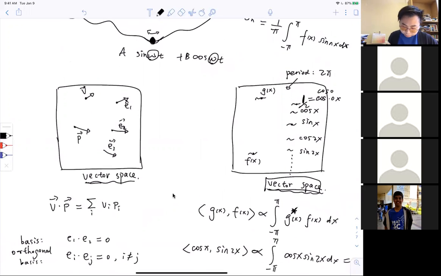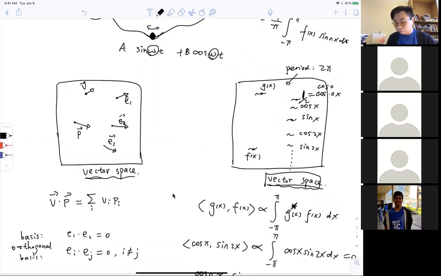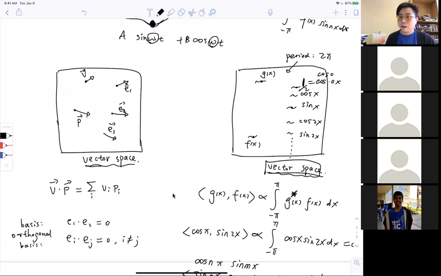only difference is for the vectors, for example, we usually say n-dimensional vector, the number of bases is n, right? So for 3-dimensional space, the number of bases is 3: E1, E2, and E3. But for a periodical function, let's say the period is 2 pi, then there are infinitely many bases, like 1, cosine x and sine x.